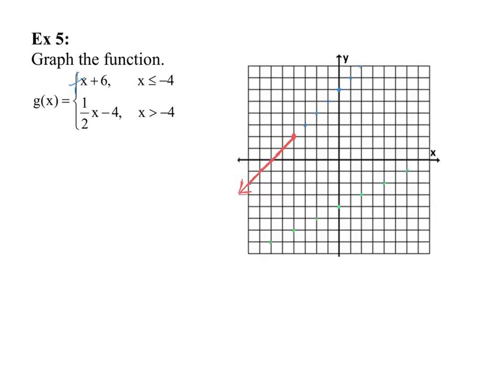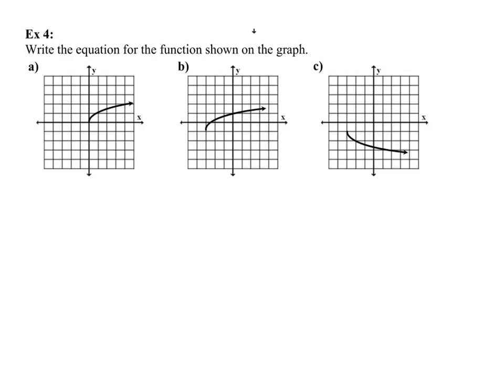Greater than, not equal to, just greater than. So it doesn't include this value, but it includes all x values to the right of that for the line. So then I go this way. All right, and that's why it's called a piecewise function, because you're just taking pieces of the graphs based on the restrictions given. All right, going on to the next example.